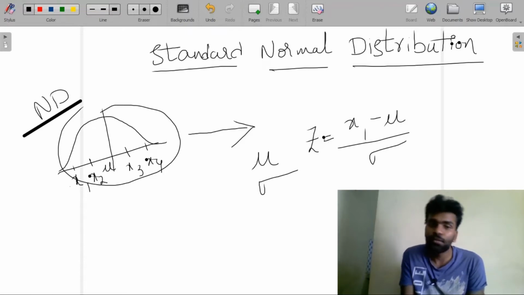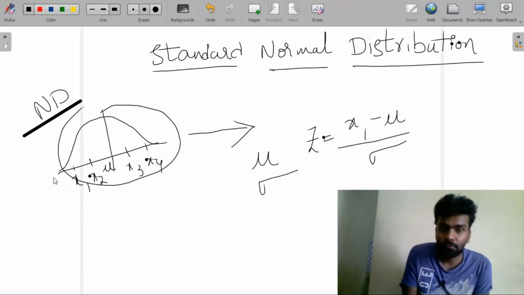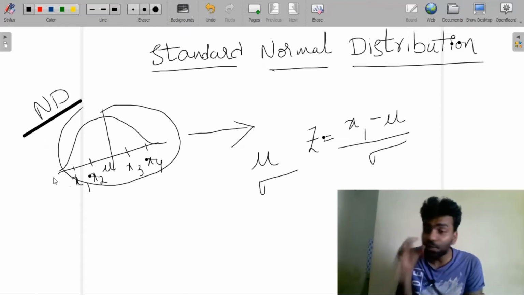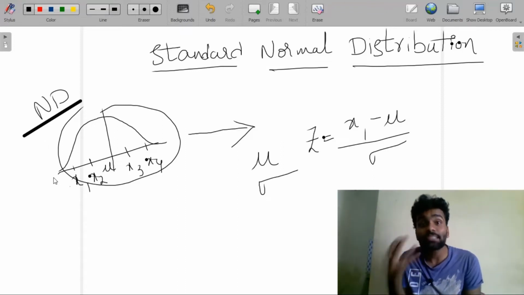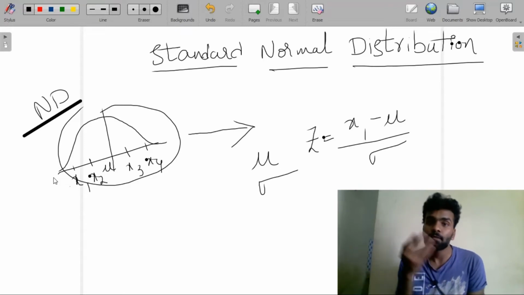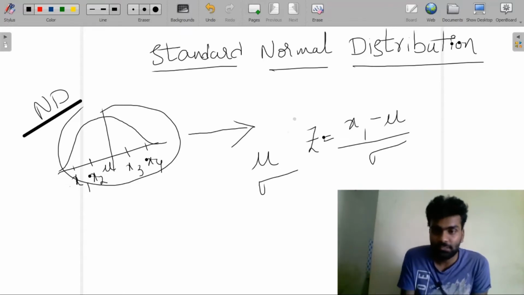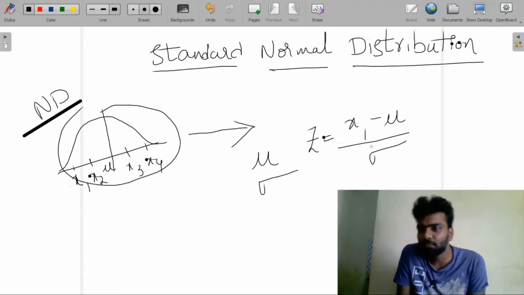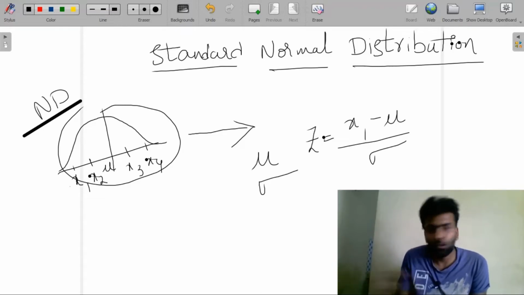Points in a normal distribution are just points, but in the standard normal distribution we call it the z score. That you should remember. So z is equal to x1 minus mu by sigma, and similarly for all the points.